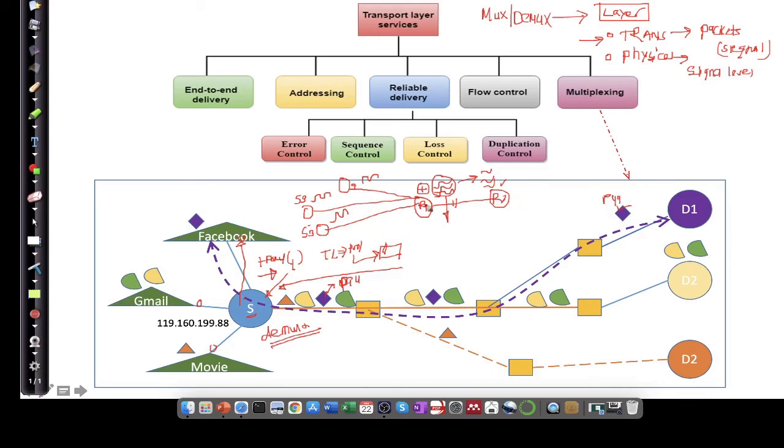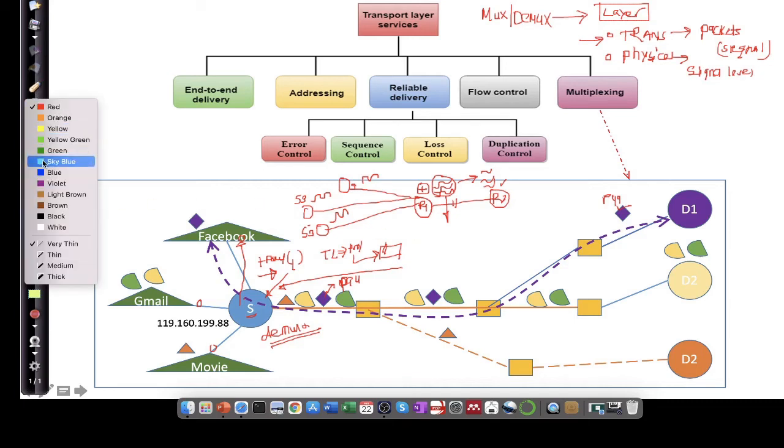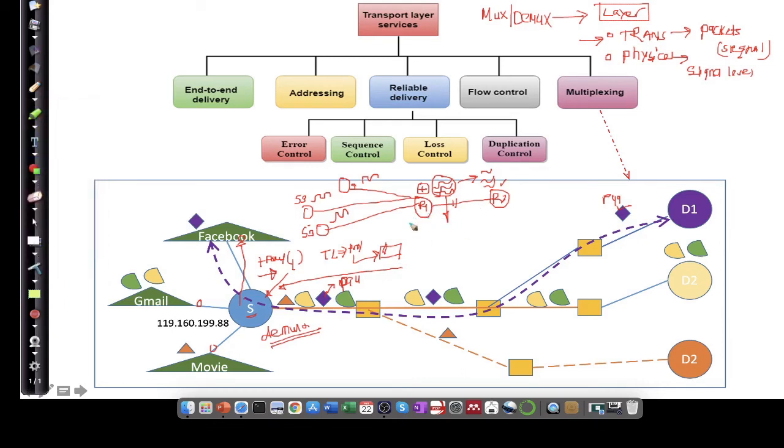That is why, when R1 receives data from S1, this signal will be added with a signal of some different type, and it will produce one resultant signal with a different structure than the original form.